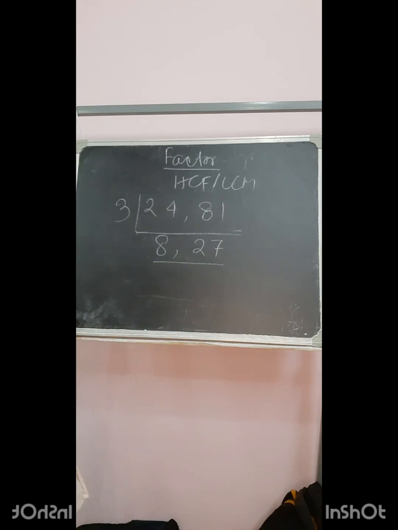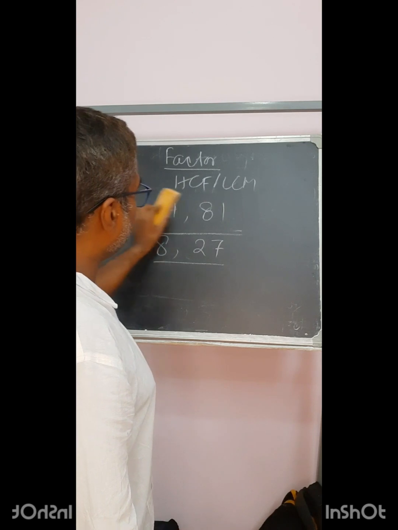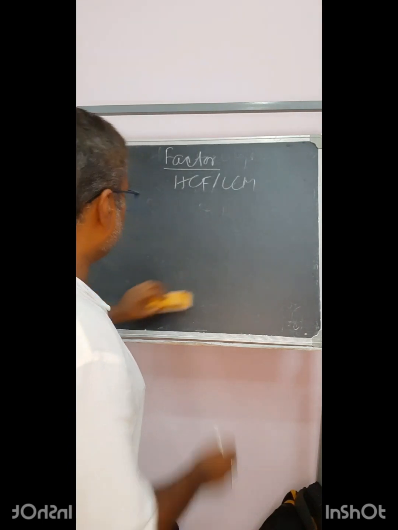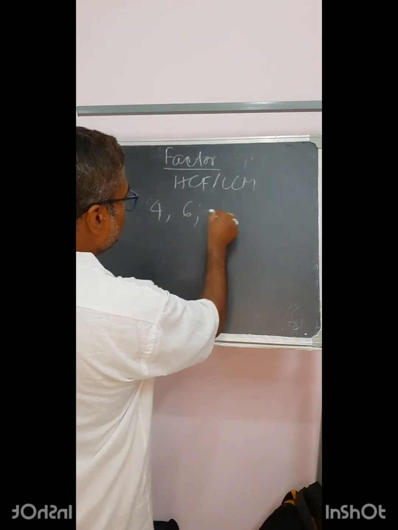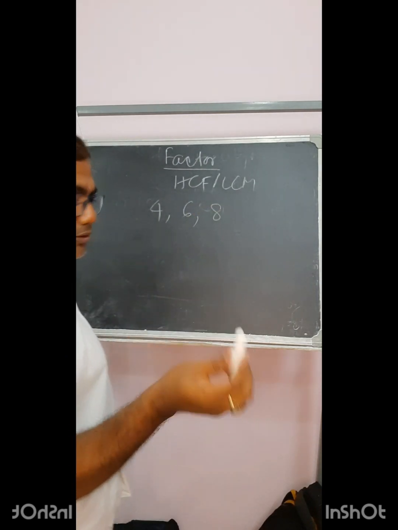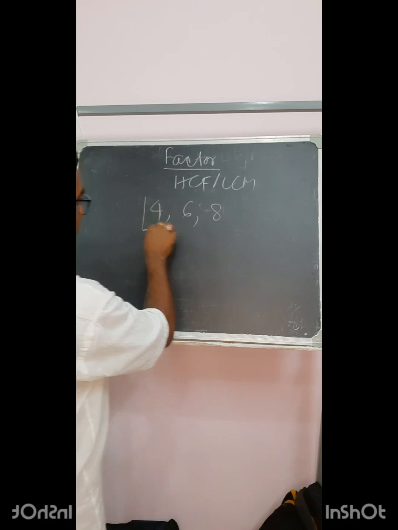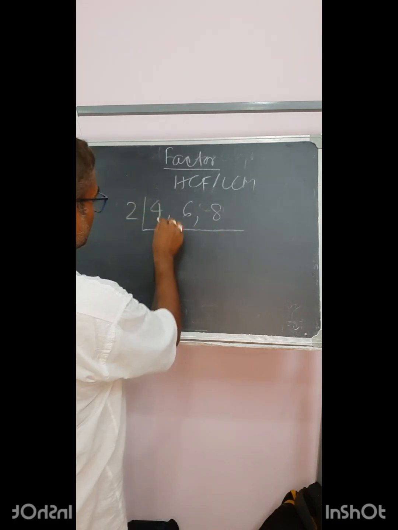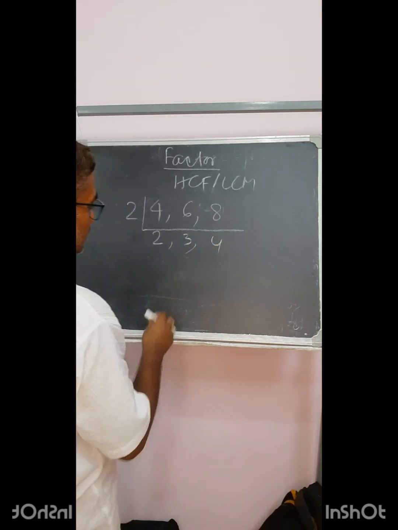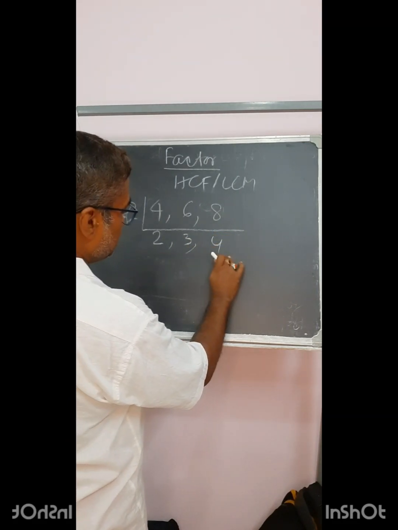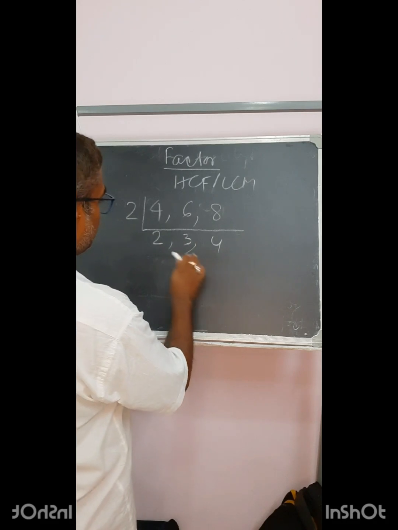But the limitation is that you cannot go beyond 2 numbers. That means I cannot definitely say that it will work for this. It may or may not work. Okay, let me try with this. If I go 2, 3, 4. Now as per the rule, because these have no common factor, I have to stop here.